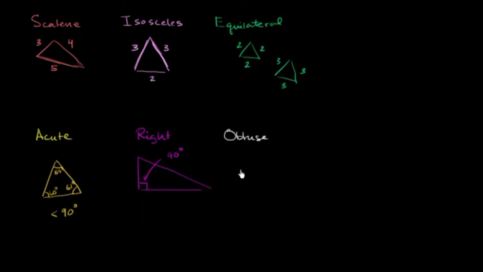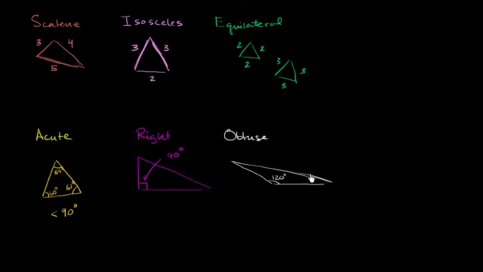Now you could imagine an obtuse triangle based on the idea that an obtuse angle is larger than 90 degrees. An obtuse triangle is a triangle that has one angle that is larger than 90 degrees. So let's say that you have a triangle that looks something like this. Maybe this is 120 degrees.